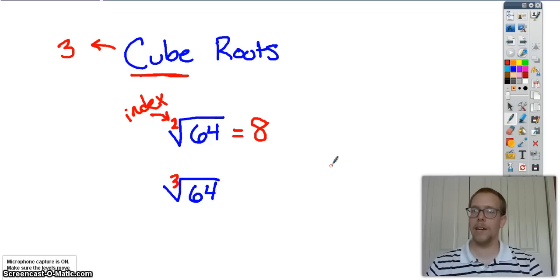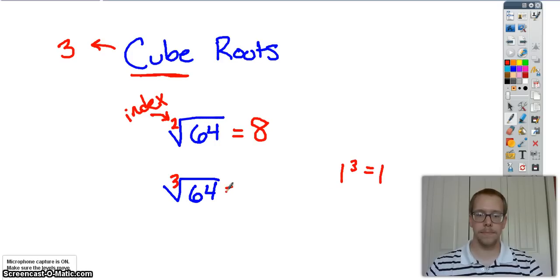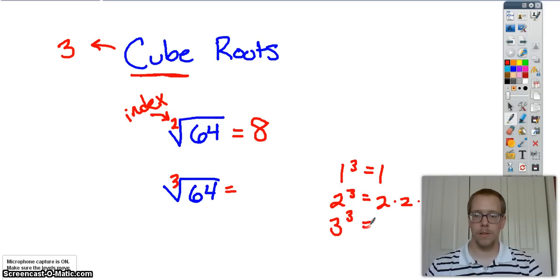Well, you may not be quite as sharp on your cube roots, but we know that 1 cubed is 1. We know 2 cubed, well, that's 2 times 2 times 2, which equals 8. 3 cubed, well, that's 3 times 3 times 3, which is 27.